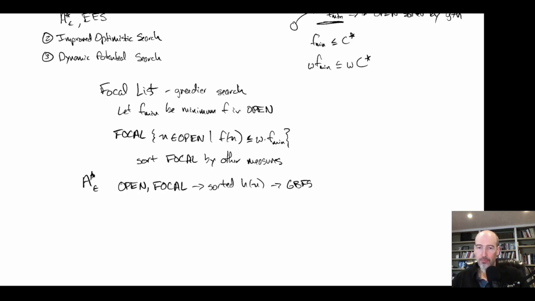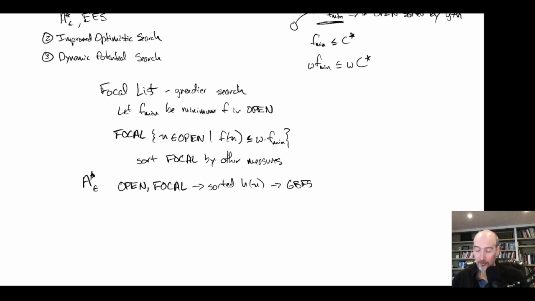Okay. And so basically what A star epsilon does is it says, as long as there are states on this focal list that are within the bound, then we're going to expand those states. And if we don't have any states there, then we're going to expand the states on open.